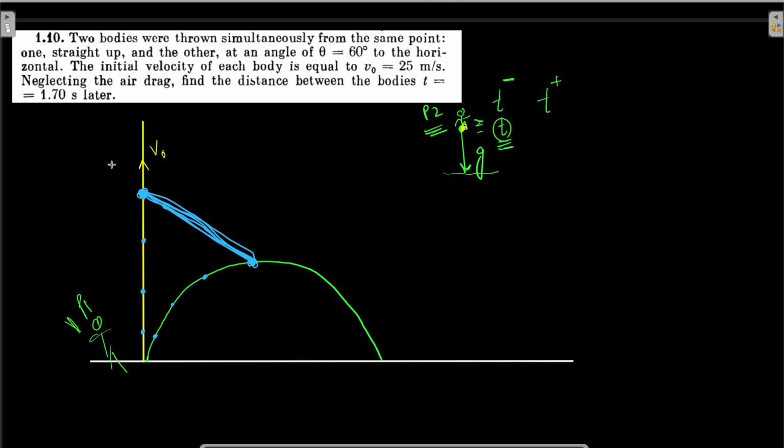Things don't change much for this one, but for the green part something magical will happen. We may think that the initial velocity was given in this direction. Now we don't have any green g vector, so the body will continuously travel along this line only.